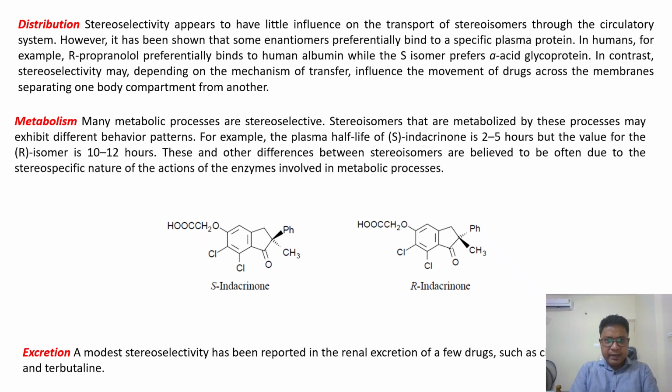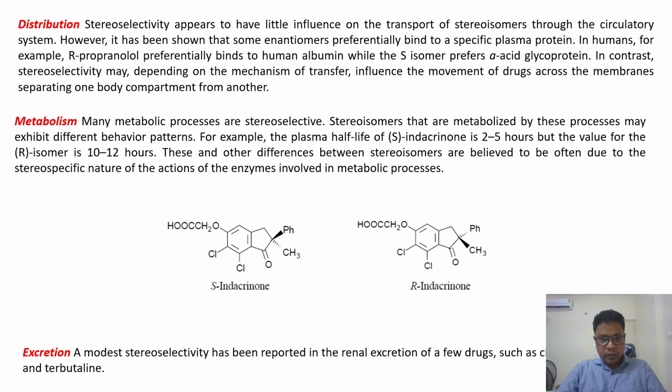However, it has been shown that some enantiomers preferentially bind to a specific plasma protein in humans. For example, R propranolol preferably binds to human albumin, while the S isomer prefers alpha acid glycoprotein. In contrast, stereochemistry may, depending on the mechanism of the transfer, influence the movement of drug across the membrane, separating one body compartment from another.